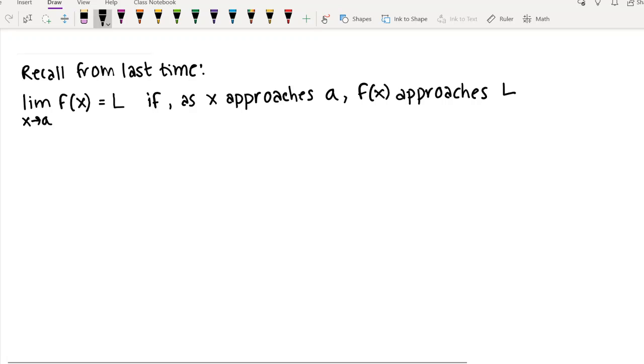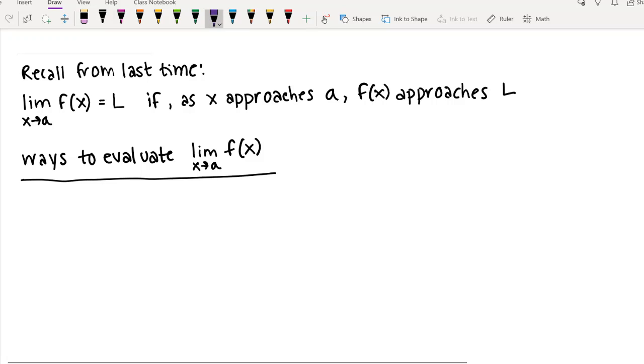So we talked about yesterday one particular way of evaluating limits. So I want to write down the method that we talked about yesterday, and then I want to talk about some shortcomings of the method that we were using in yesterday's video. So, ways to evaluate the limit as x approaches a of f of x.